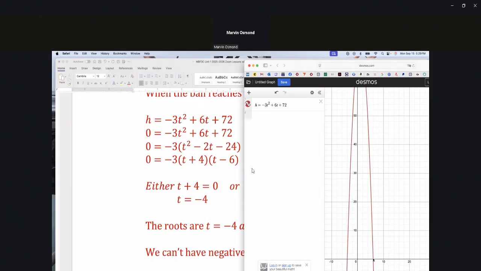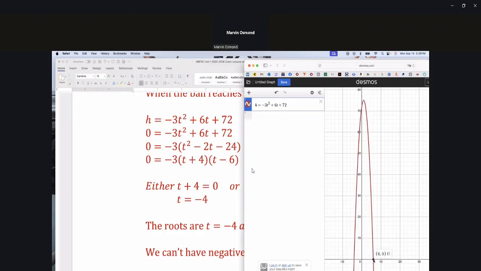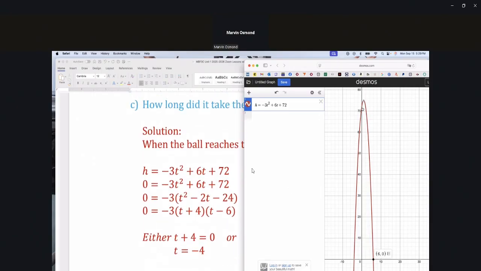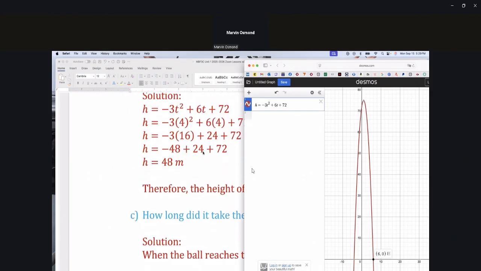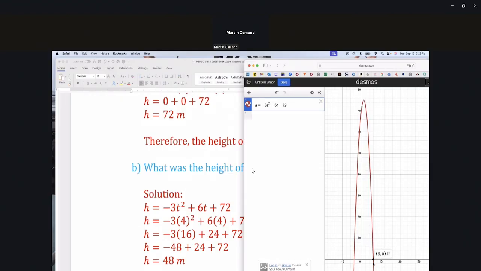We can verify that, yes, that is indeed 6, 0. That is how long it takes to hit the ground. And it crosses the y-axis at 72, and that's what we found in part A. And after 4 seconds, so 4 seconds would be 2, 4.